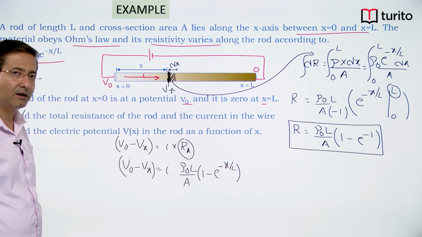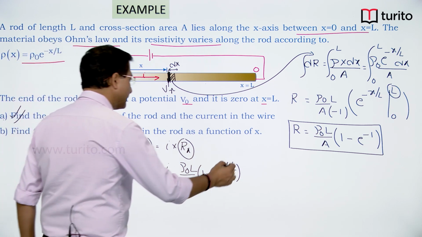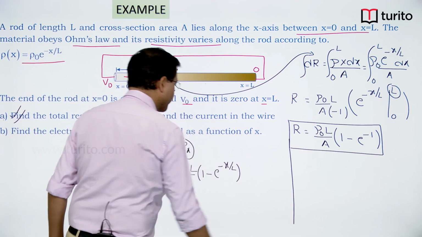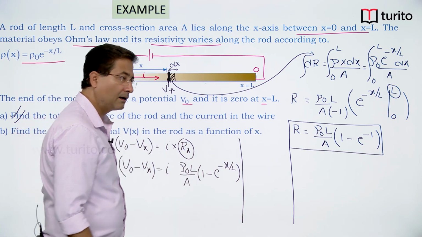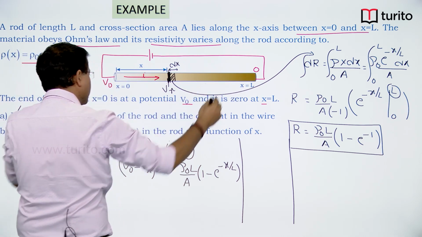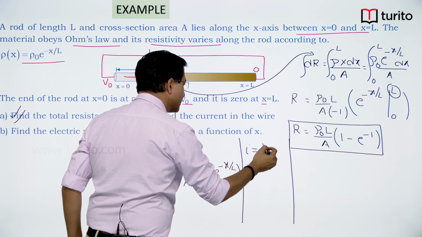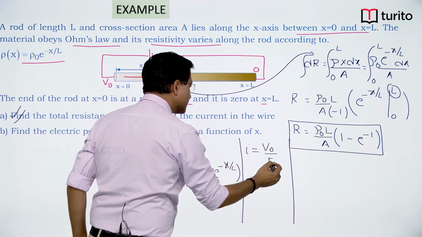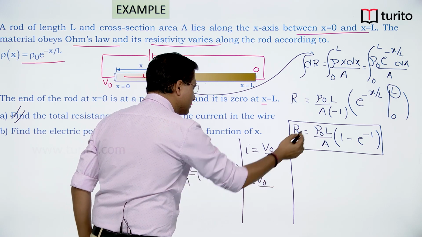I need to just substitute the value of current to calculate the value of Vx. So, what is the current? The potential difference across the two ends is V naught. So, current is nothing but potential difference divided by resistance.